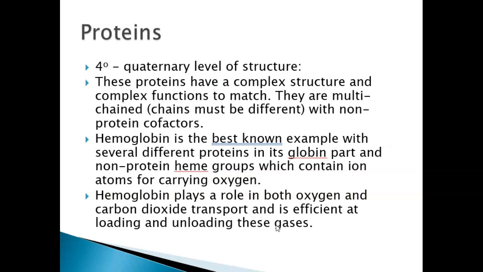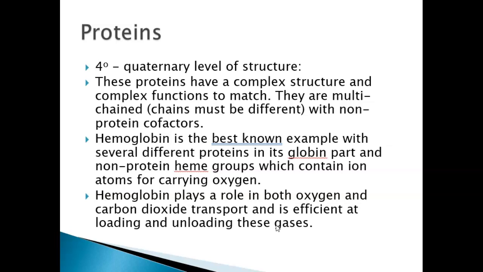The fourth level, which is just a couple of examples, and one example is hemoglobin, which is found in your red blood cells. It is a protein, and it carries oxygen, and that is a quaternary level. So it's like you take these three-dimensional tertiary levels and you put them together, and they usually have some non-protein, some metallic ion in them.